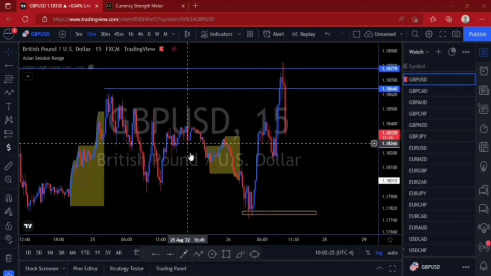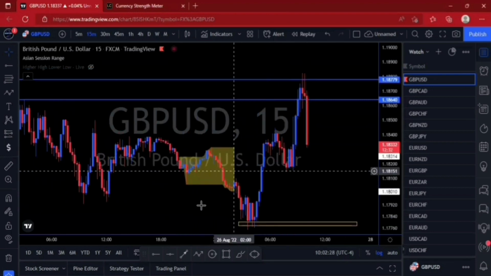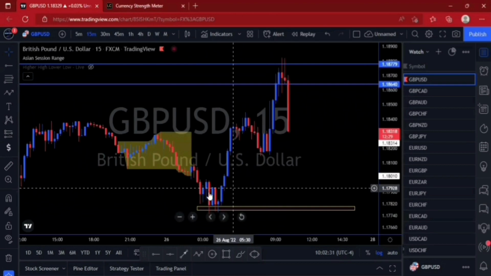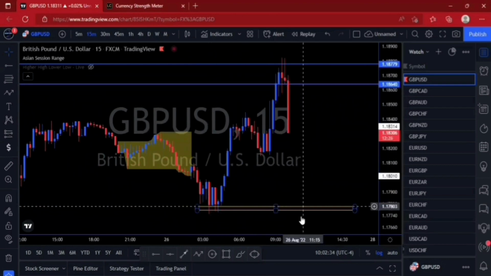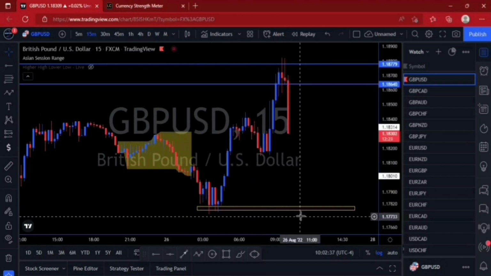I'm in the market. Let's observe and see if the dealers are going to give us our take profit target. It's always important to have a target profit in place. If I was scalping, I could be out of the market at this point, but I have a target in mind.